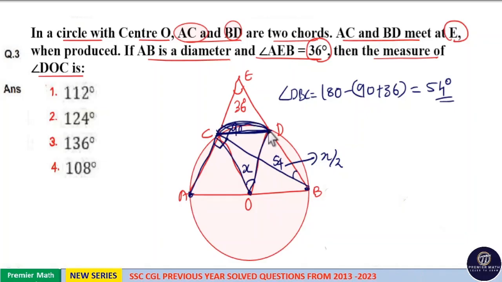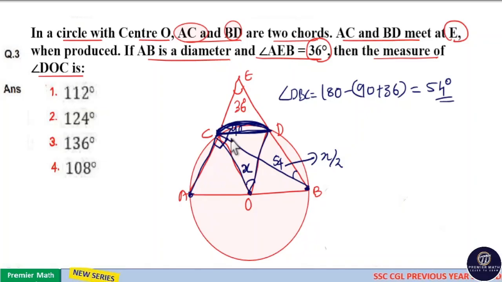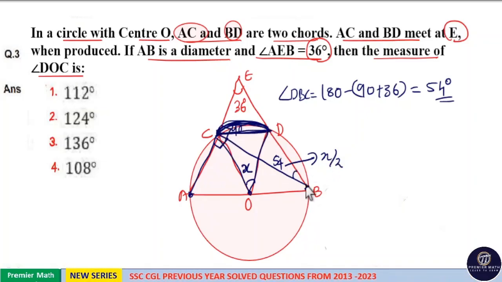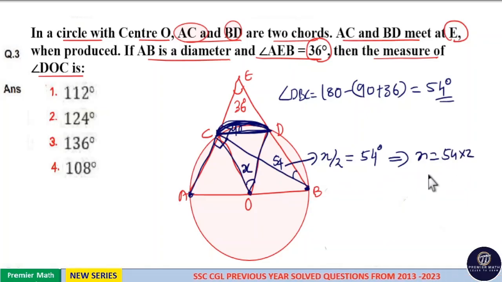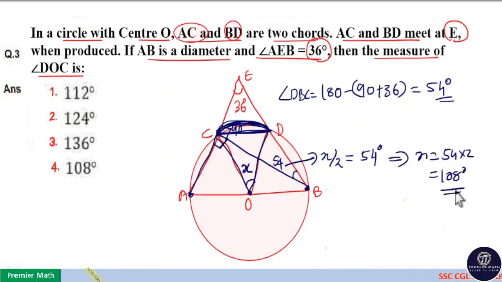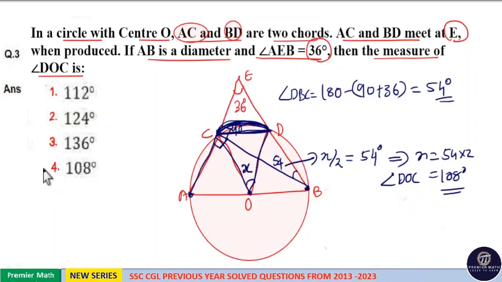Now this point B is on the remaining part of the circle, so arc CD creates X by 2 at point B. Now X by 2 is equal to 54 degree means X is equal to 54 into 2, which is equal to 108 degree, which means angle DOC is equal to 108 degree, and option 4 is your answer.